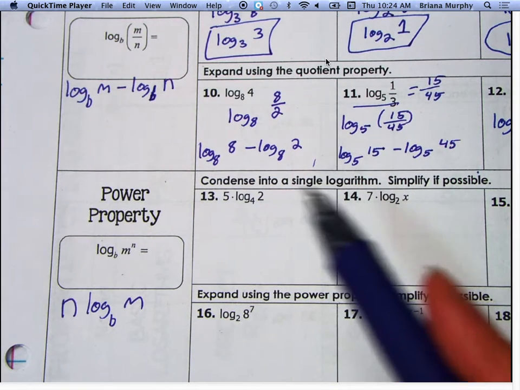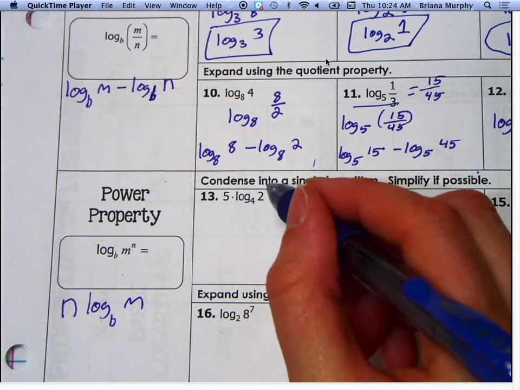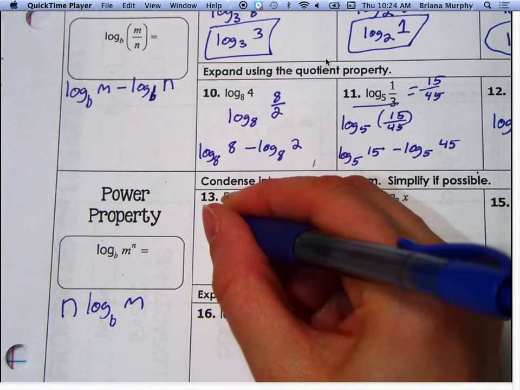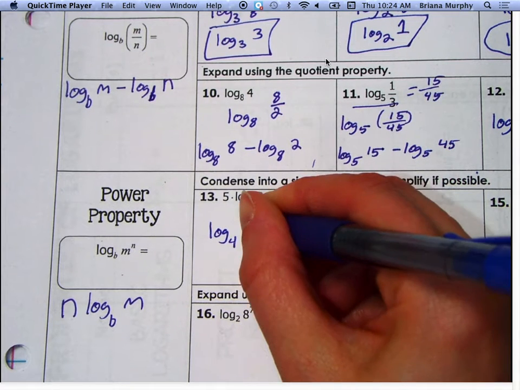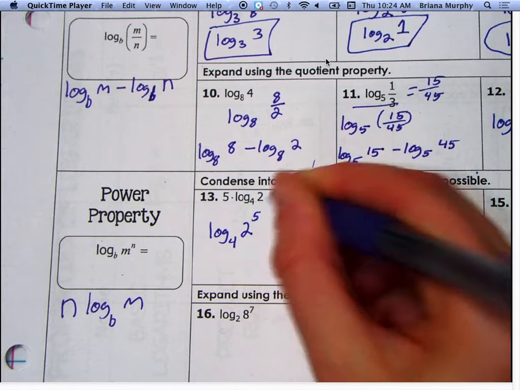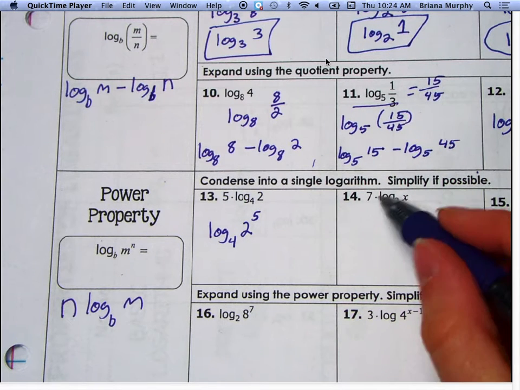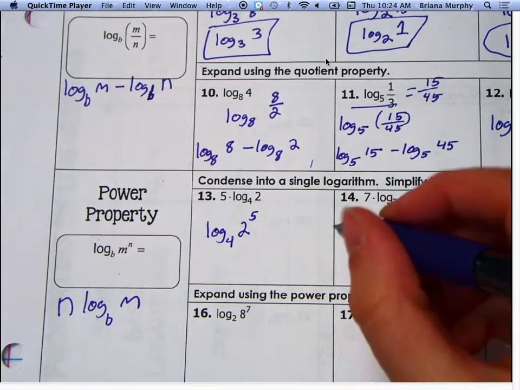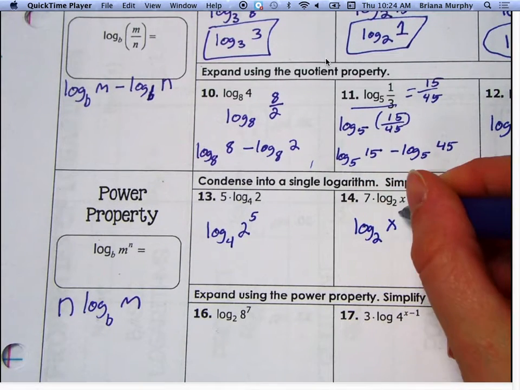So if we have 5 log base 4 of 2, that's the same thing as log base 4 of 2 to the 5th. Good? Okay, so 7 log base 2 of x becomes log base 2 of x to the 7th.